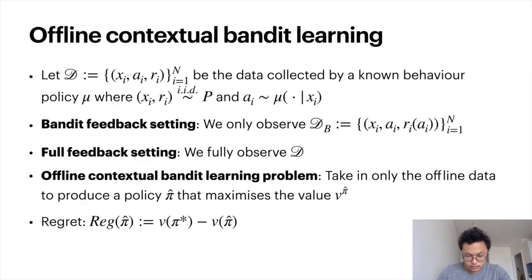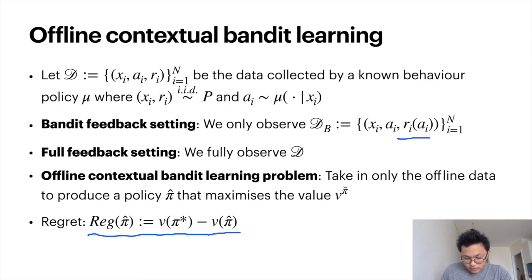Okay, in this slide, you can see the bandit feedback setting. We only have the reward at the chosen action right here, and the goal is to compute the regret, which is the suboptimality when you use the policy pi hat instead of the optimal policy pi star.